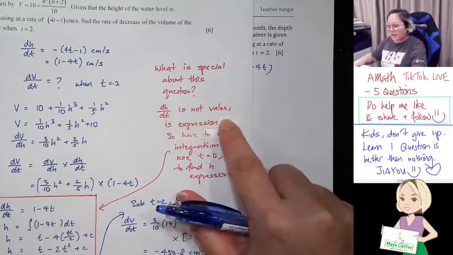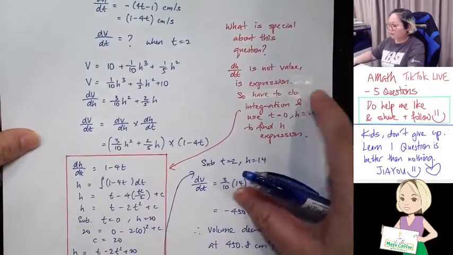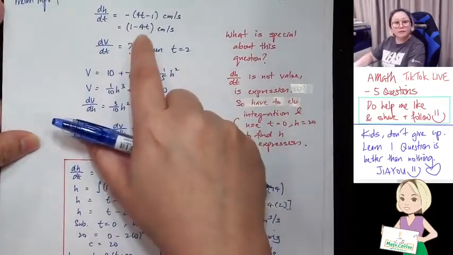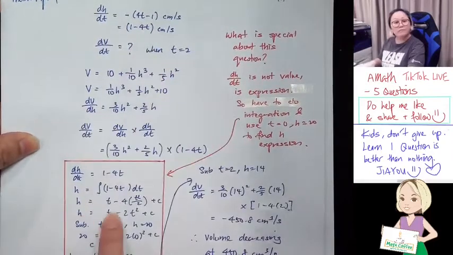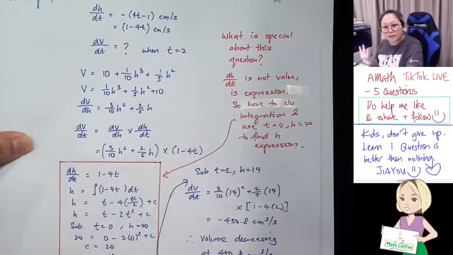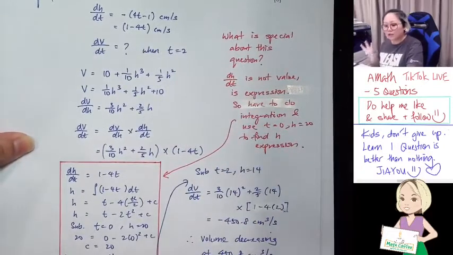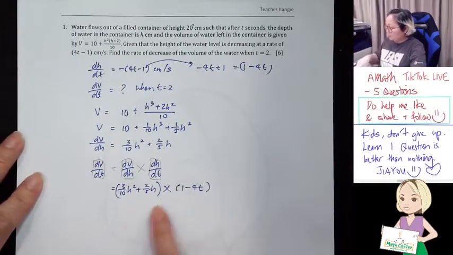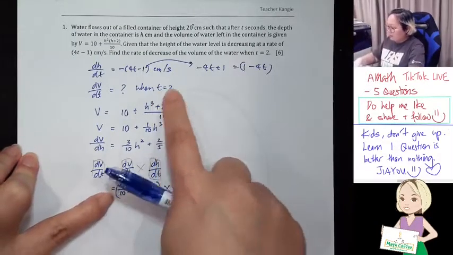So in this case, you will have to do one more extra step whereby you integrate this dh/dt in order to get h. You understand? Later I'll show you. This is a little bit special, not the usual one. The usual one, they give you a number. Over here, they ask me to find when t equals to 2.